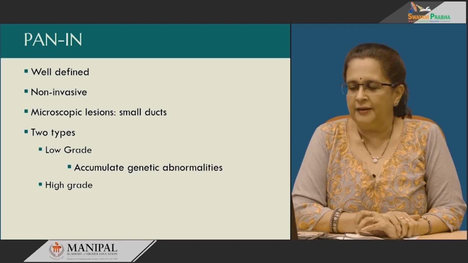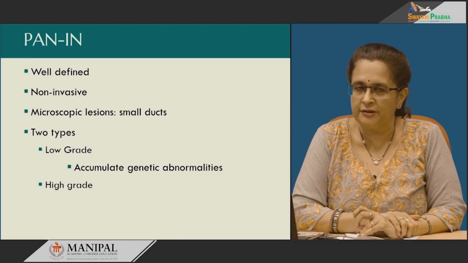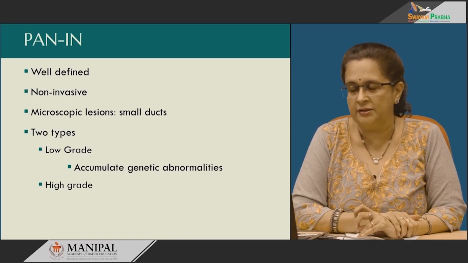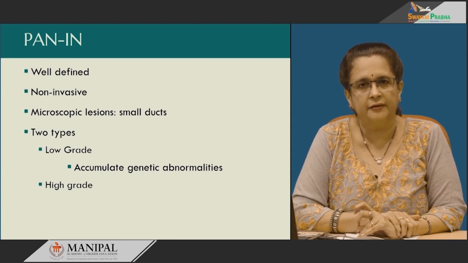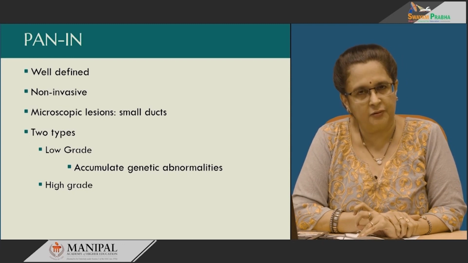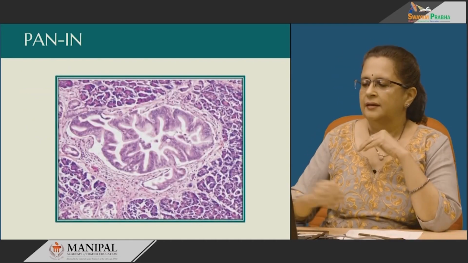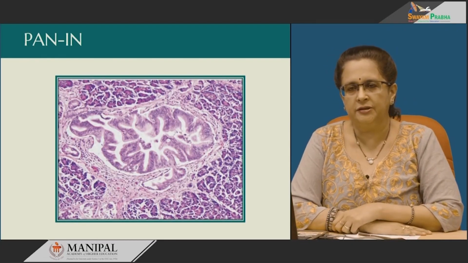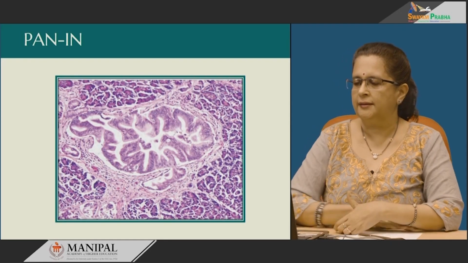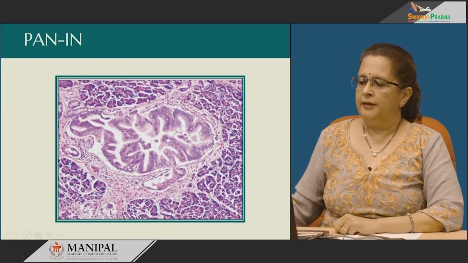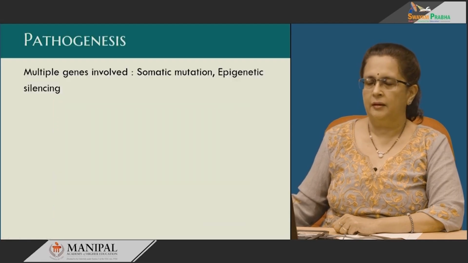This telomere shortening causes the epithelial cells to become susceptible to further mutations and epigenetic alterations, etc., and therefore, these mutations will accumulate, giving rise to high grade PanIN and subsequently to invasive neoplasm. Okay, this is a histopathological picture of pancreatic intraepithelial neoplasm depicting an enlarged duct with multiple papillary projections showing anisonucleosis and high grade features.